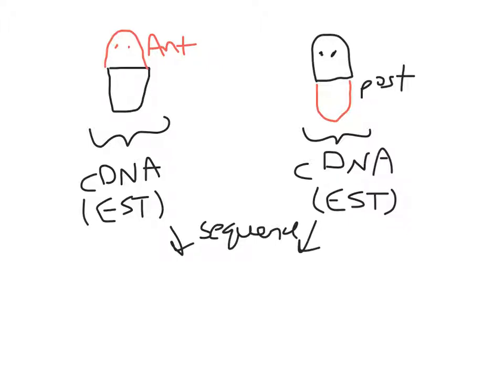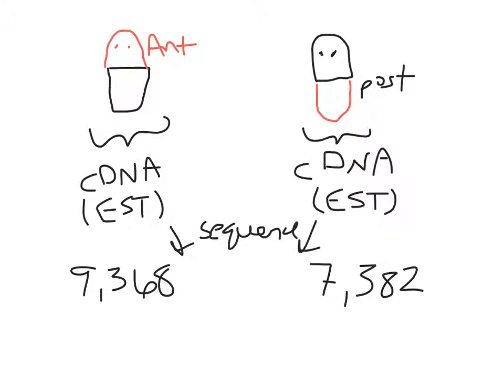So how does sequencing the anterior regenerant by itself and the posterior regenerant tell us anything about what genes are important in development? So let's say you sequence this whole anterior side and you see that there are 9,368 different genes being expressed. And in the posterior side, let's say you sequence that cDNA library and you see 7,382 different genes in the whole body of the animal at that point in time.